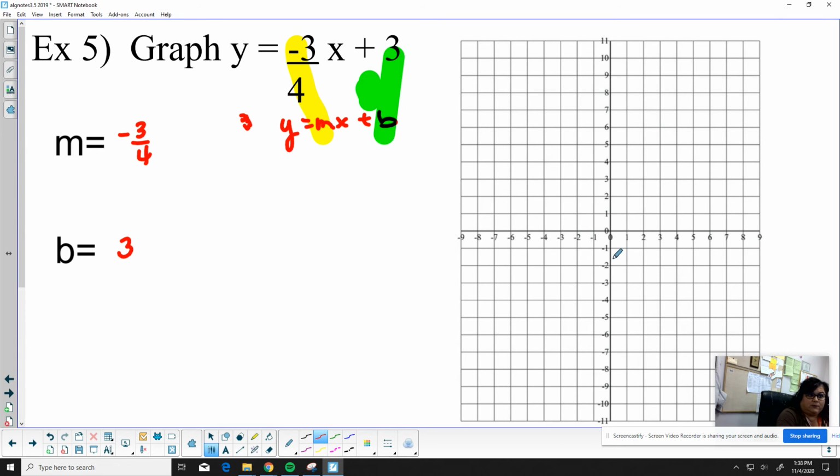So 3 is where it crosses the y-axis, so right here. And then from this point, I move from the red point. Since it's negative, I'm going to go down 3 and count right 4. So 1, 2, 3, 1, 2, 3, 4. And again, 1, 2, 3, 1, 2, 3, 4. That is my picture.